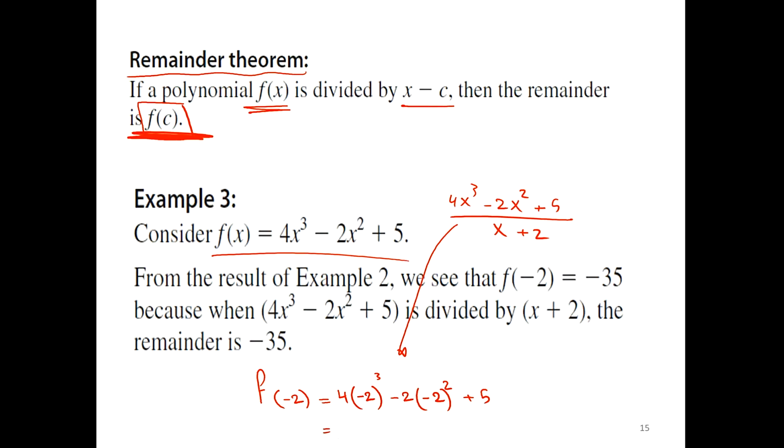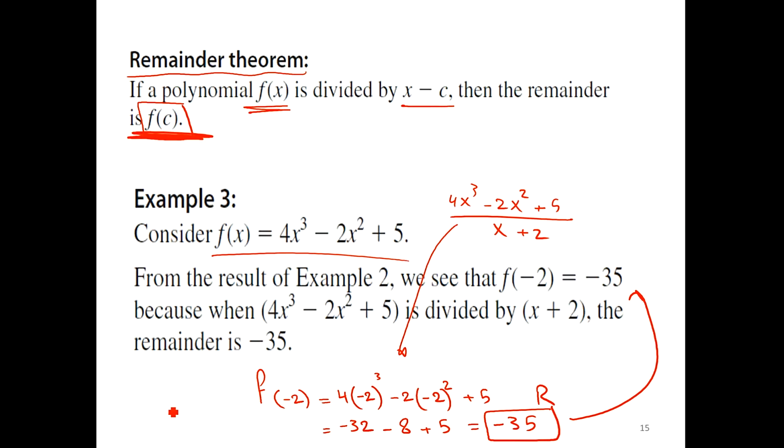Negative 2 to the power 3 is negative 8, negative 8 times 4 is negative 32, and we have minus 8 plus 5. So we have minus 35. This is the remainder R. So we can find the remainder directly by substituting c in f of c.